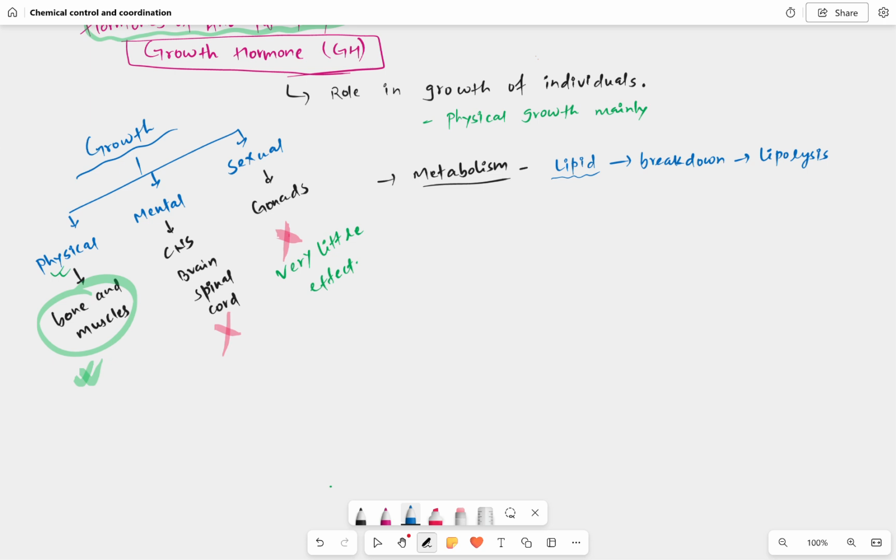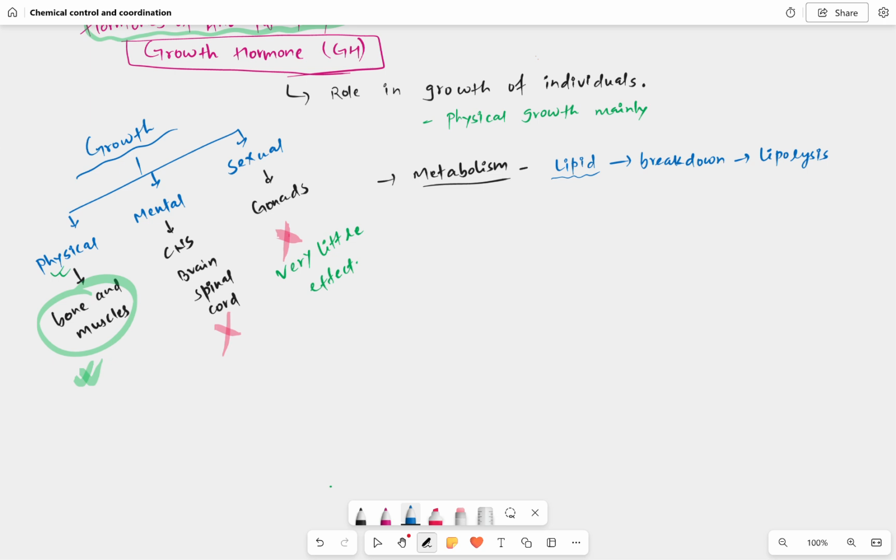Why? Because we know that lipid is a storage product, stored in adipocyte cells. So the storage of this lipid is inhibited.